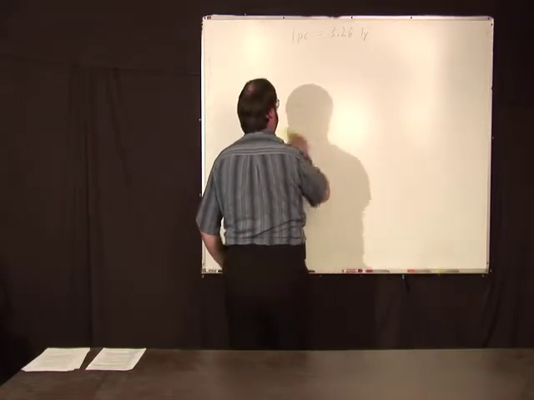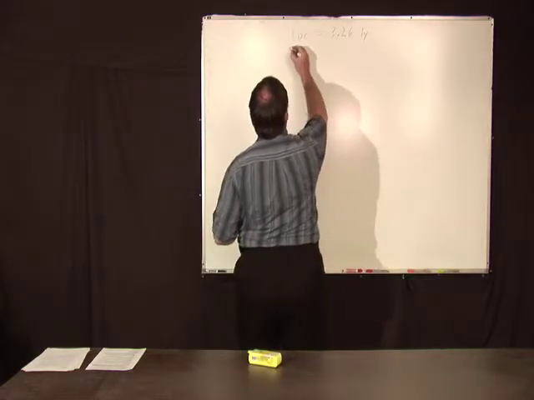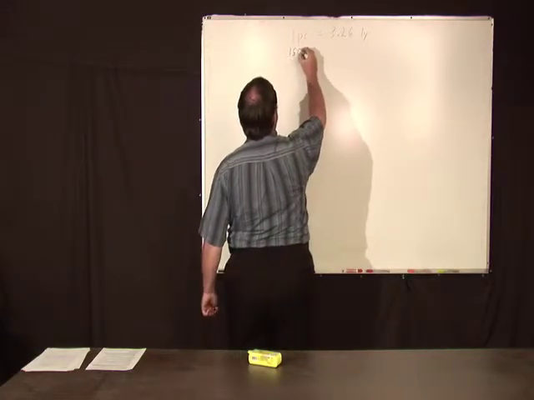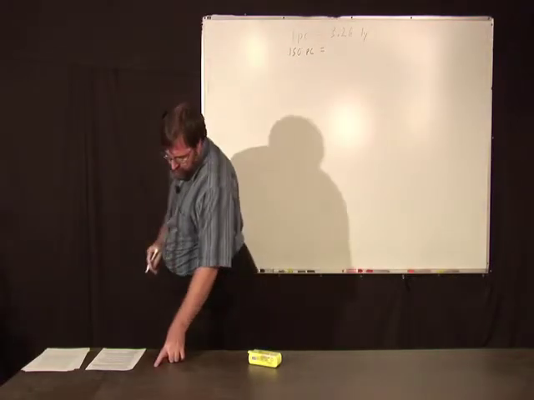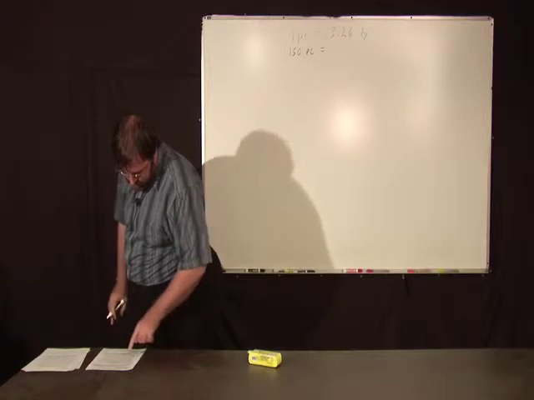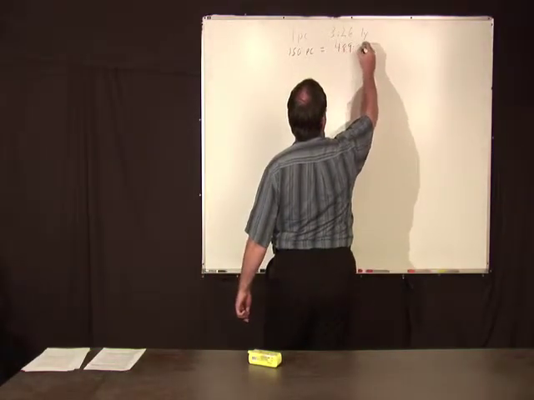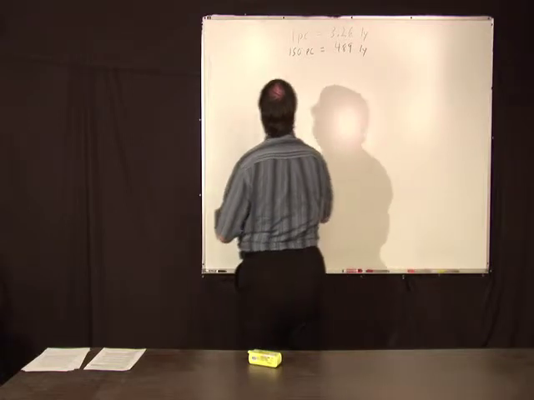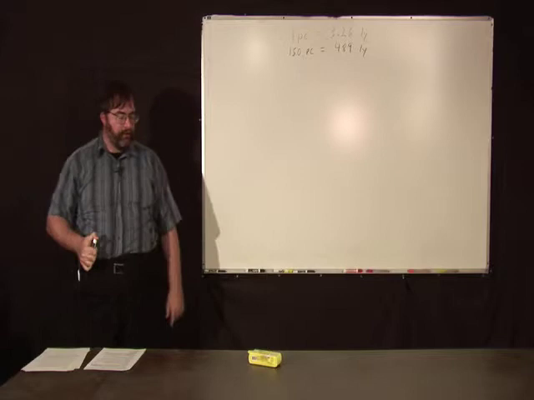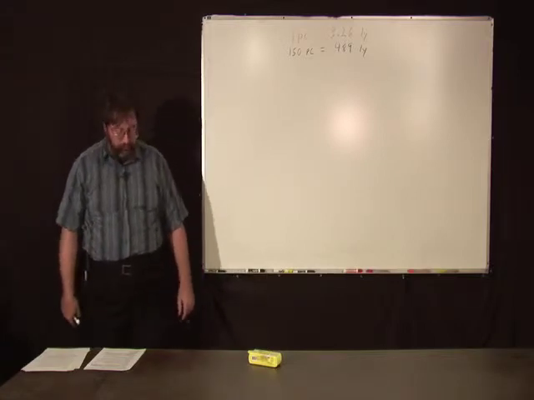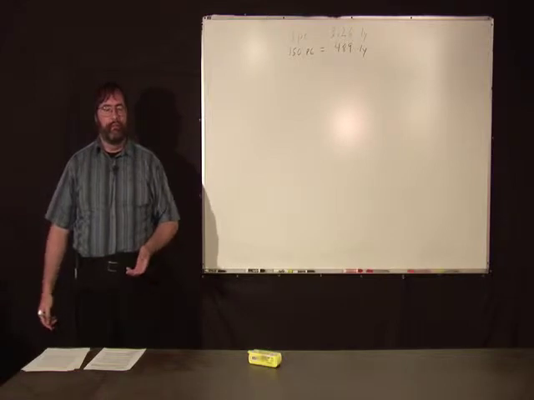So 150 parsecs is the limit, which is 489 light years. So in a sphere around the Earth of 489 light years, we can directly measure, just with geometry, the distance to the nearby stars.